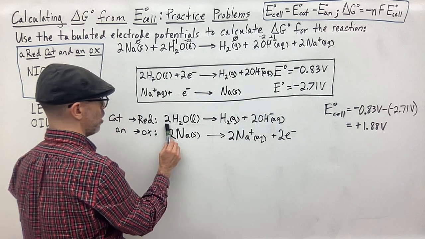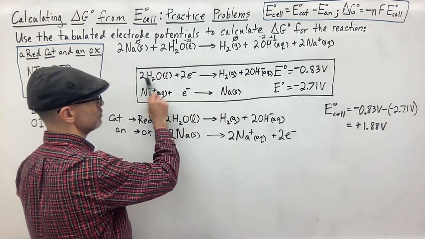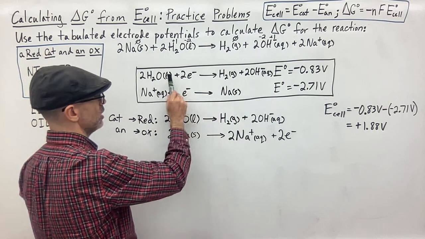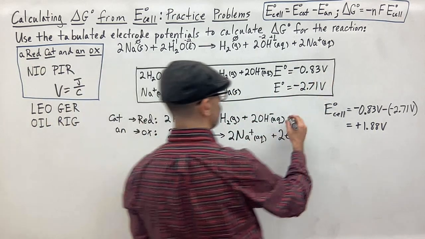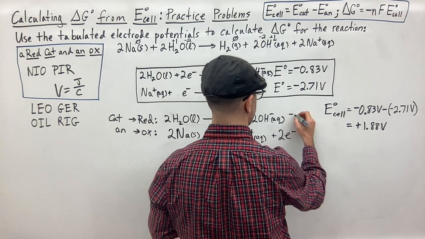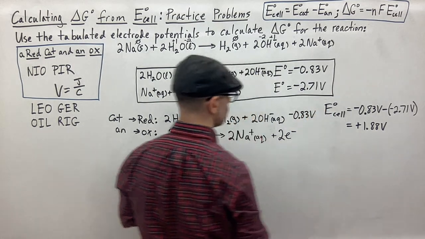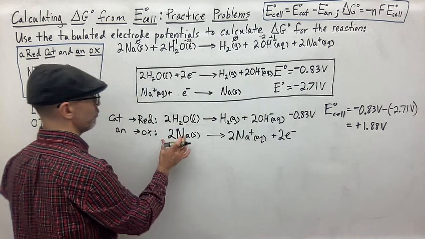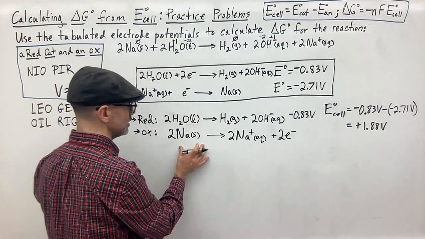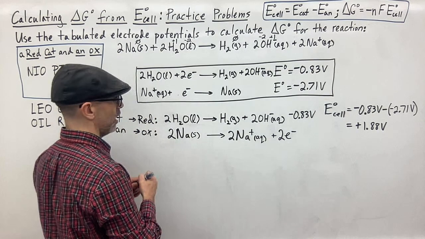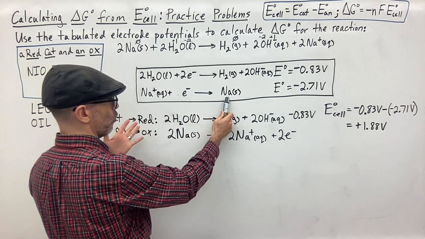So here we have water being reduced, and here it's already in the reduced form. So we can just take this electrode potential and put that there. So this is a -0.83 volts. And then for the sodium, we'll see here that sodium is being oxidized, is losing electrons, but here it's written in the gaining electrons form.